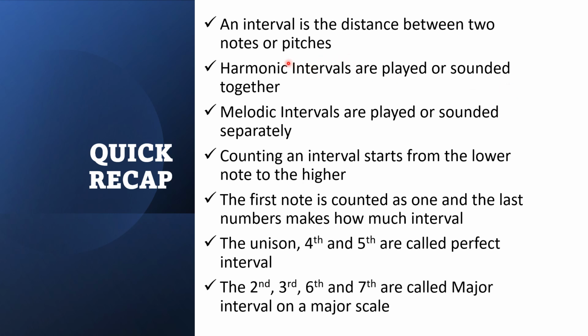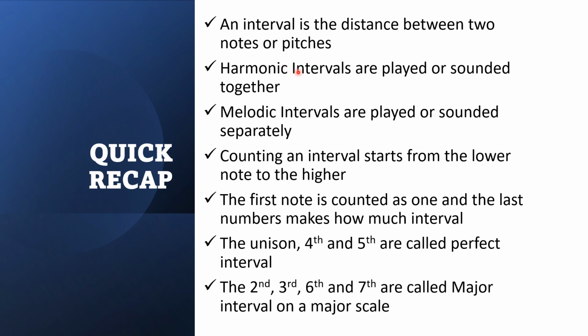We talked about the interval above tonic. So regardless of what key you're playing on, if you're playing on the key of E flat, E flat becomes your tonic. F sharp becomes your tonic. If you're playing on the key of G, G becomes your tonic, and that is your first note. So we talked about interval as the distance between two notes or pitches.